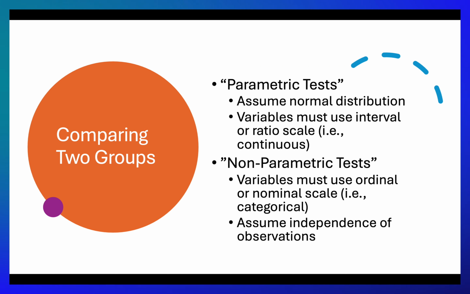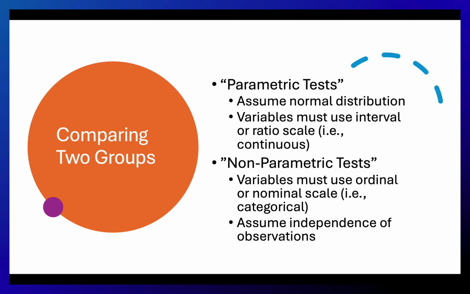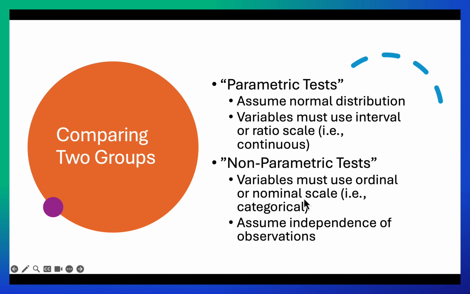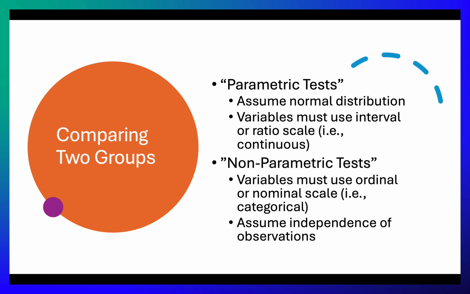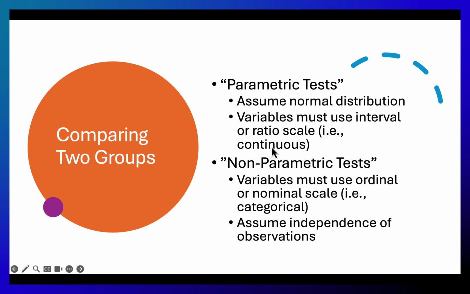But essentially, for non-parametric tests, you can examine and compare variables or two groups that use ordinal or nominal scales, that is categorical variables, right? So you could look at Likert scales, you could look at maybe class year differences, those types of variables. But in contrast, parametric tests must use continuous scales. So that's a key difference in these two types of tests.